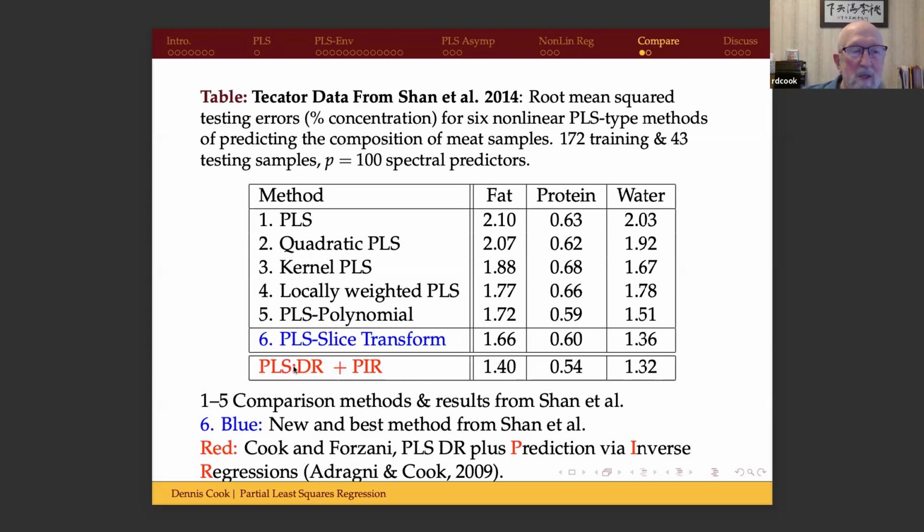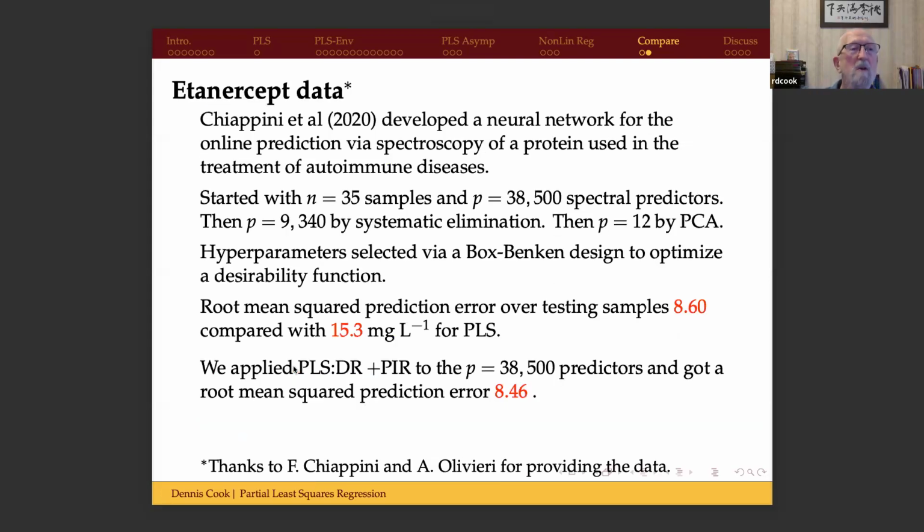So the idea is you can start with PLS, take the weights, and then just take some off-the-shelf method, your favorite off-the-shelf method, for fitting a nonlinear regression. Here's another data set, this one from Caipini and others in 2020.